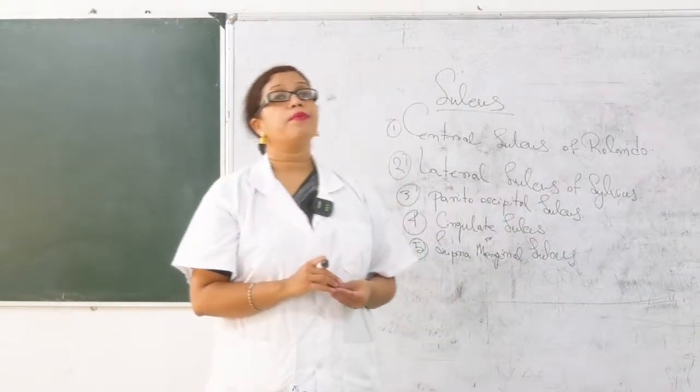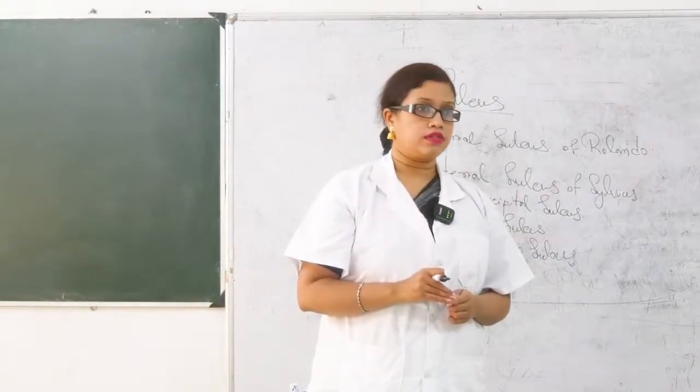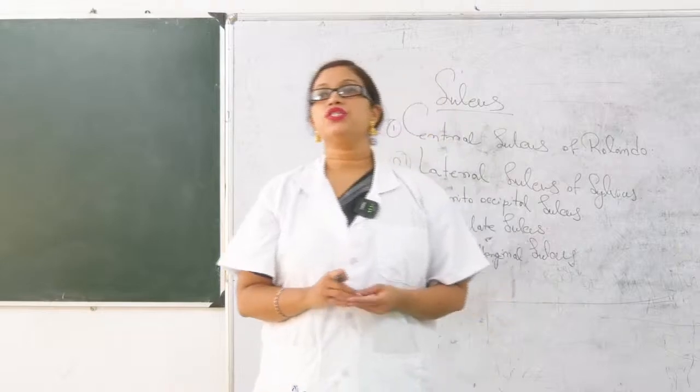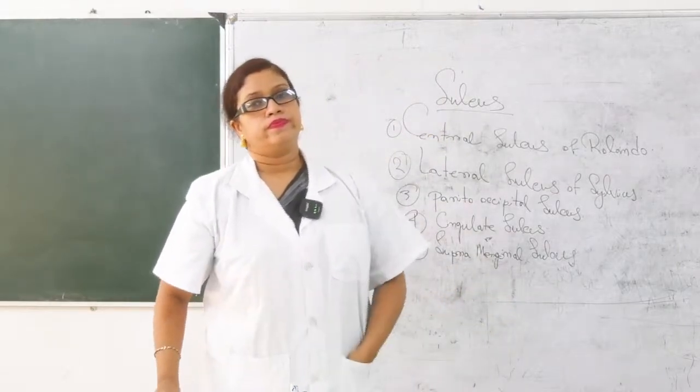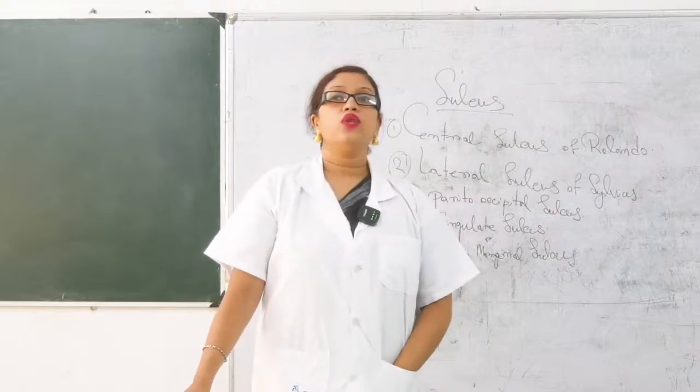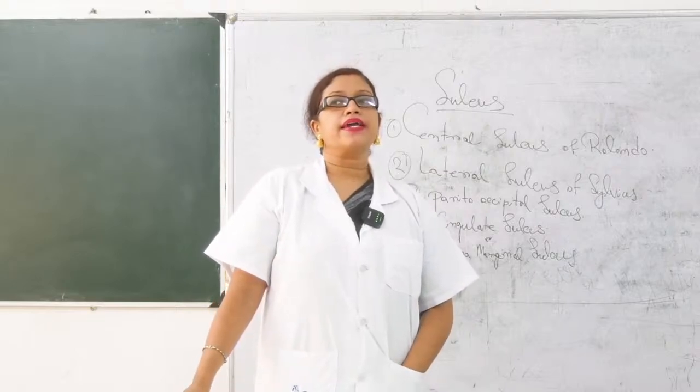Another sulcus you have to remember is known as the angular sulcus. Okay, now the question is, where will you get the angular sulcus? Where is it making the angle?